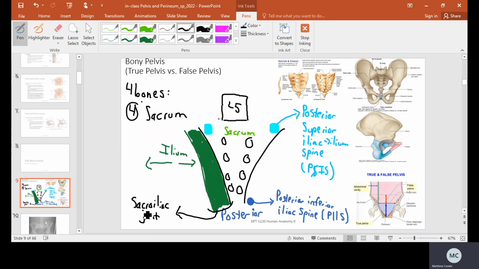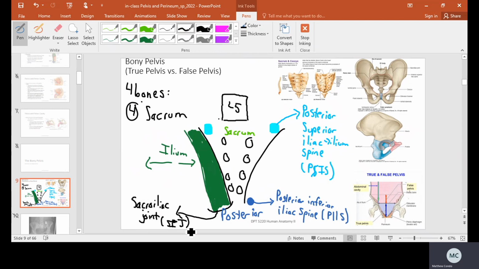This commonly in PT literature and PT clinical practice goes by SI. So you will see very commonly that's called the SI joint, or a lot of people will call it SIJ. When they're referring to SIJ, and you'll hear that in clinical practice a lot, and that's why I want to bring it up, SIJ is simply the sacroiliac joint. The sacroiliac joint is simply the interface or the articulation between the sacrum and the ilium.